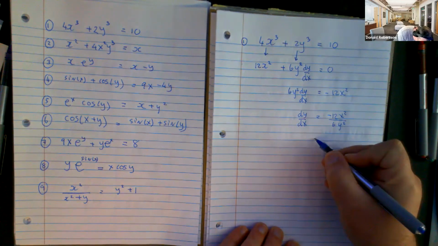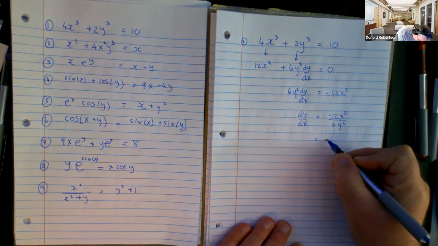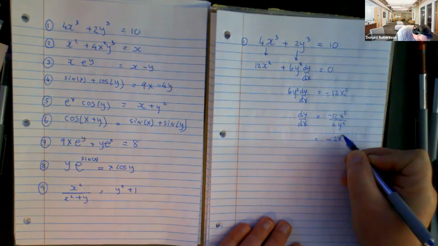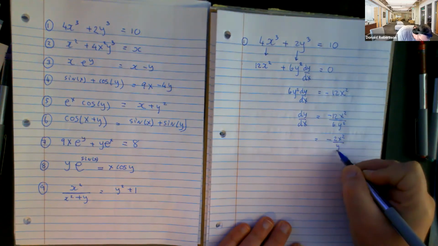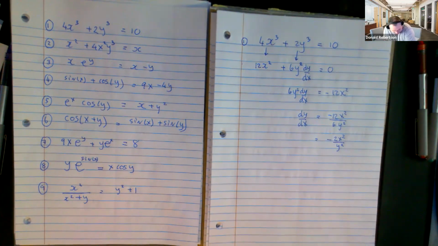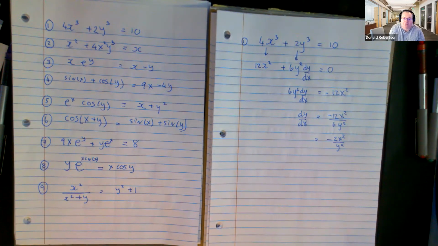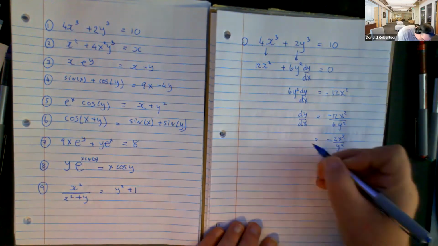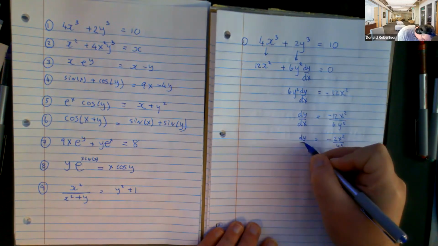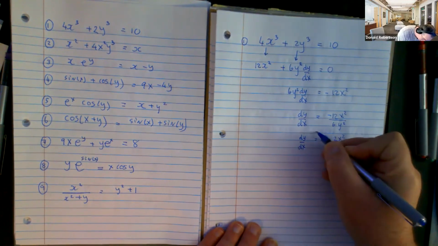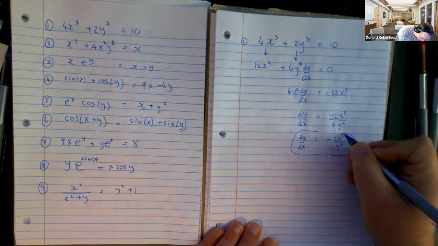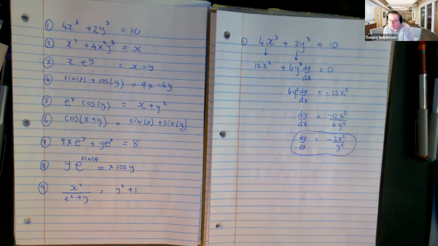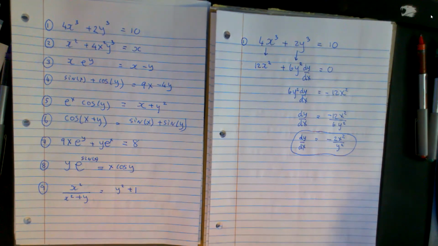There's not an awful lot to be done here, but I can do a little bit. Are you comfortable about dividing top and bottom by 6 and just getting 2 on the top and y squared on the bottom? And you are finished. That is your first example of finding the derivative of an implicit expression.